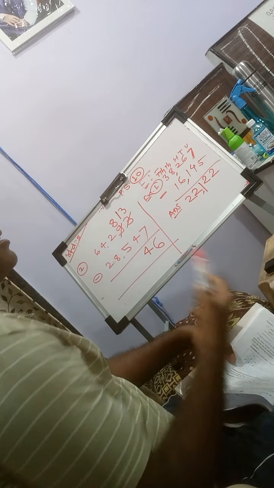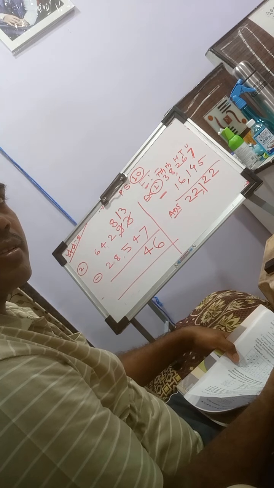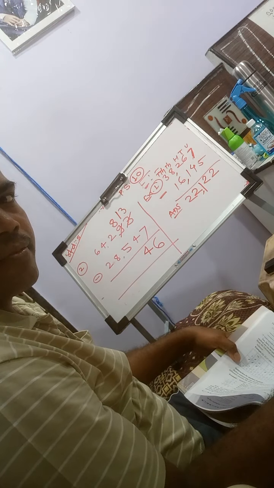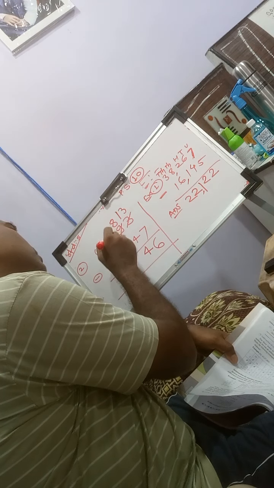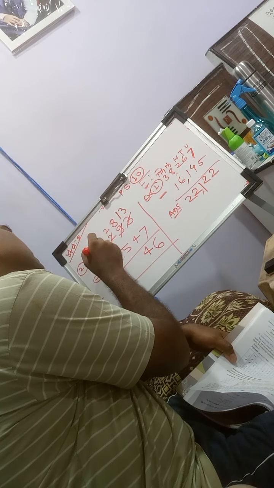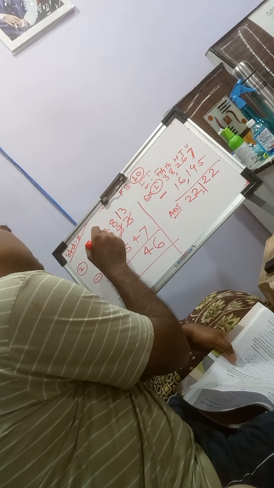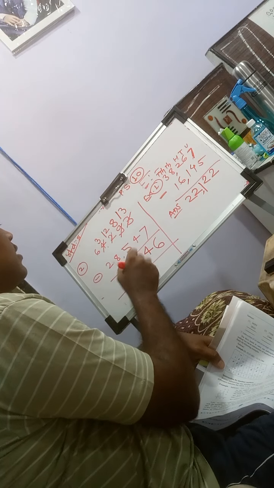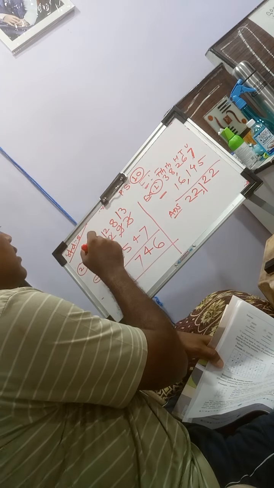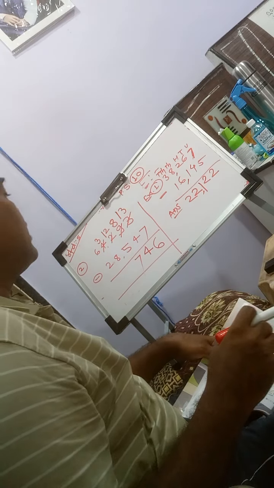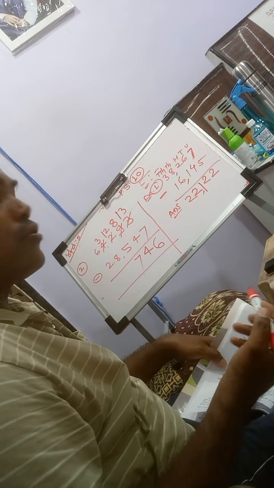Now 2, again the same condition happens. Okay, the same step. 2 cannot be subtracted from 5. So in this case again you have to take the carry from the 4. So here will become 4 minus 1, 3, and it will become 12. So 12 minus 5, the answer will be 7, and then 3 minus 8, you cannot subtract 8 from 3. It is not possible.